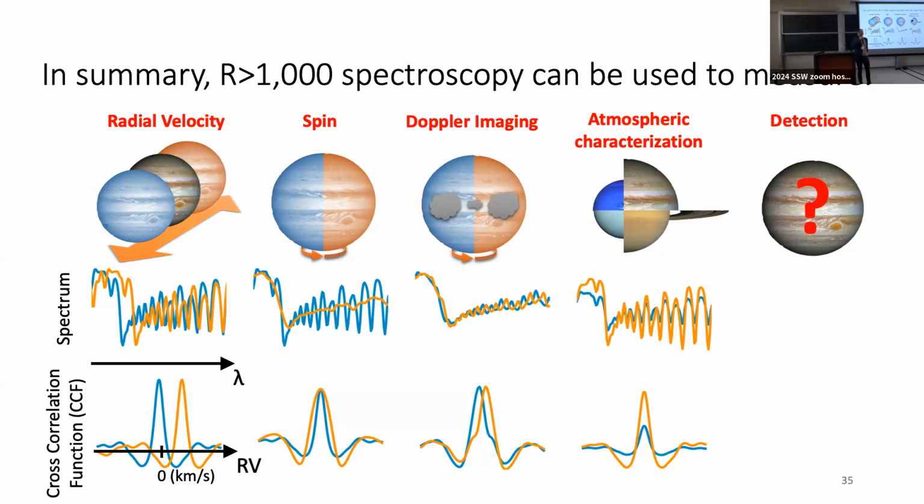Like I mentioned, we tend to model those pretty well because in all cases we can get an empirical model of that star. So it's not like we rely on models to get the spectrum of the star. It is the star, either taken at the same time if you have an integral field spectrograph, or you go back and forth between the star and the planet if you have a fiber or a slit.